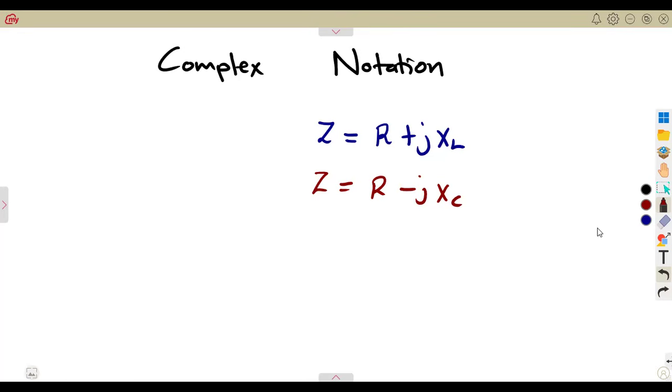What is this that we are representing? This is complex notation. Whenever we have this j, that is a presentation of complex numbers. So we need to understand these complex numbers as we are going to work with complex number notation. Maybe we are given a format of a number and an angle like this.